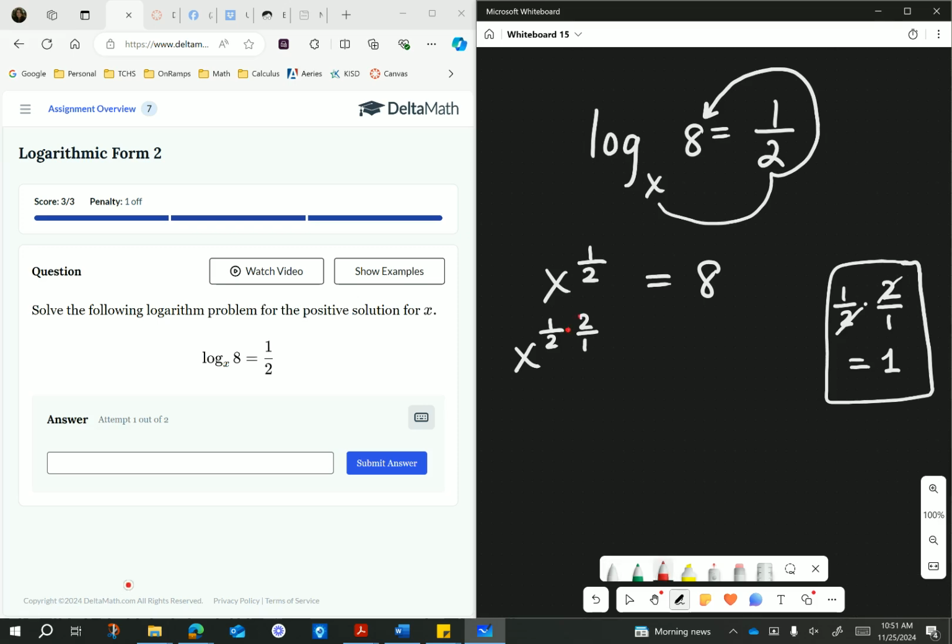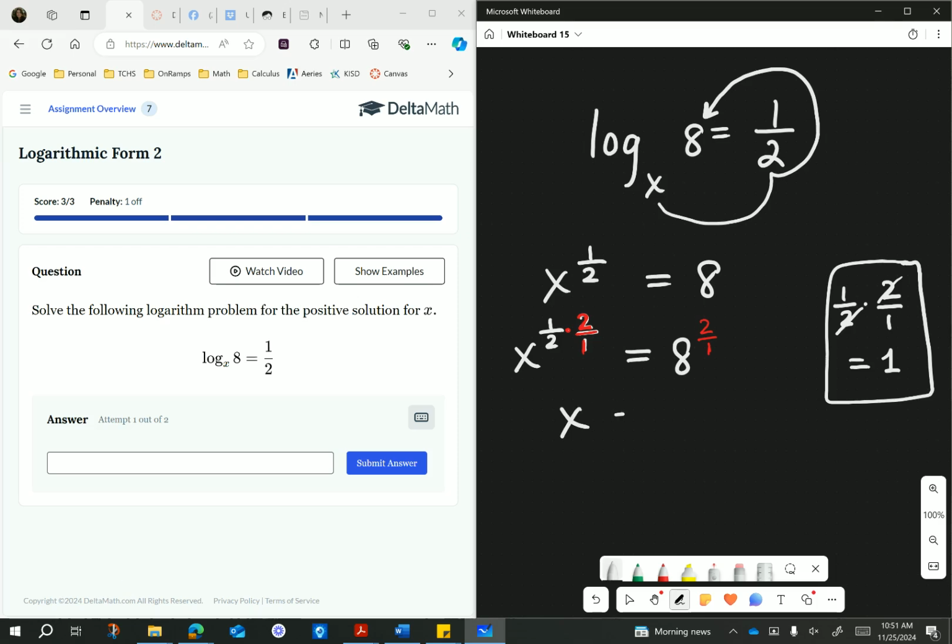But because I just inserted this into my problem, whatever I do to this side of the equal sign, I must also make sure that this side of the equal sign also gets the same treatment, so to speak. So 1/2 times 2 over 1 is just going to be x to the 1 power.